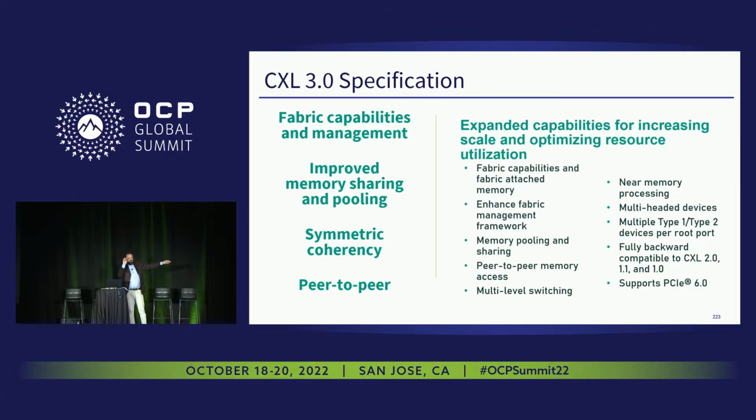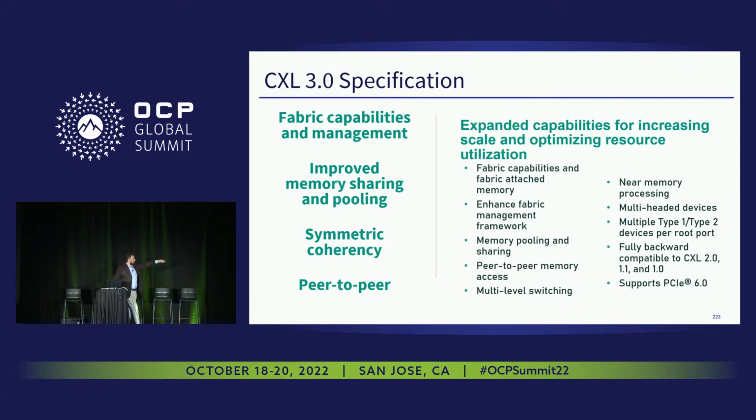The way you maintain coherency between these pieces is a symmetric, hardware-based coherency mechanism where the device itself can now invalidate a host cache, whereas before only the host would invalidate its caches. Now with symmetric coherency, we can invalidate the host directly.